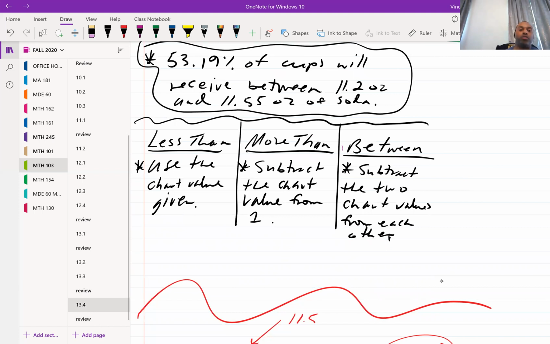If it's less than, you just use the chart value that they give you. If it's more than, which is what we just finished doing, you subtract that chart value from 1. And if it's between, like we did in the previous one, we subtract the 2 chart values from each other. So those are your 3 scenarios. Oh, okay. I took a picture of it. Yeah, those are your 3 scenarios.